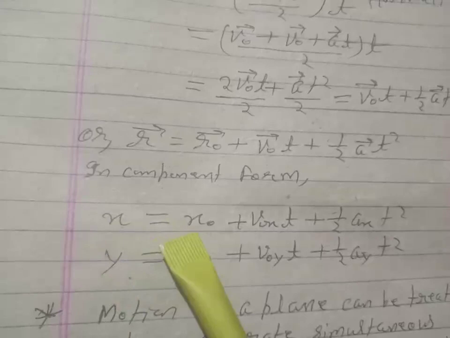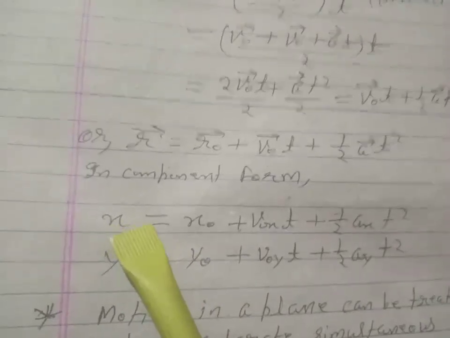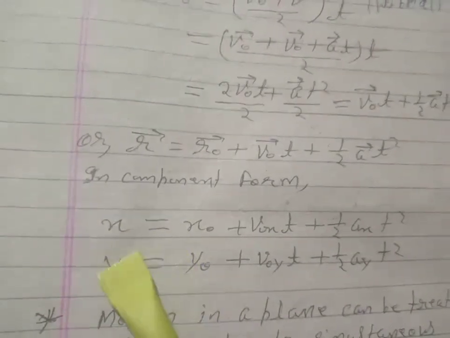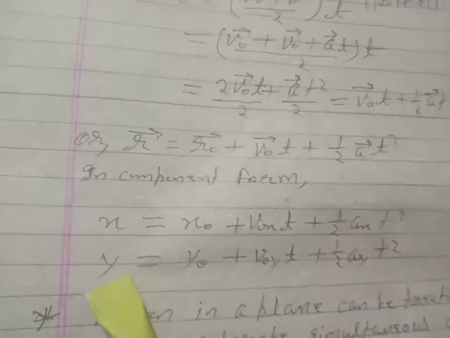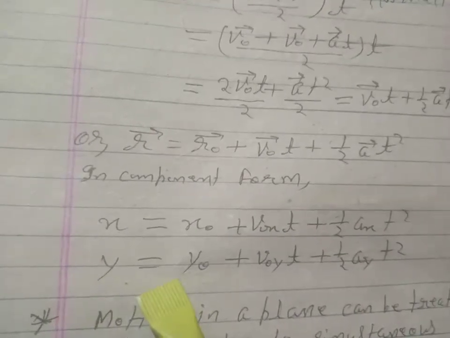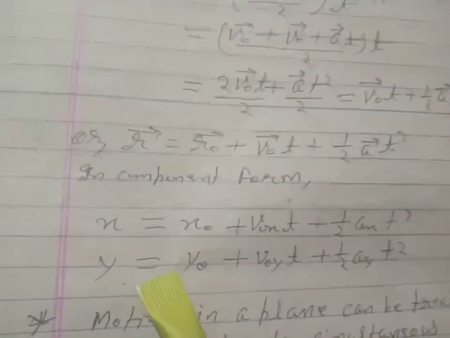If we take x minus x naught, then it will represent the displacement in the x direction, and if we take y minus y naught, then it will represent the displacement in the y direction. That is, you can write sx equals v naught x t plus half ax into t square, and sy, where s represents displacement, sy equals v naught y into t plus half ay into t square.